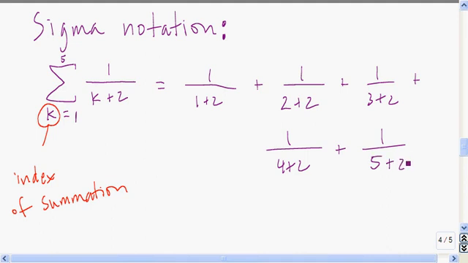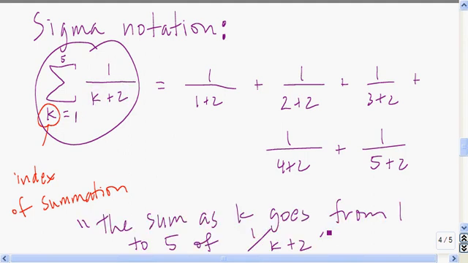If you add all those terms together, that represents this series here. We read this as the sum as k goes from 1 to 5 of 1 over k plus 2.